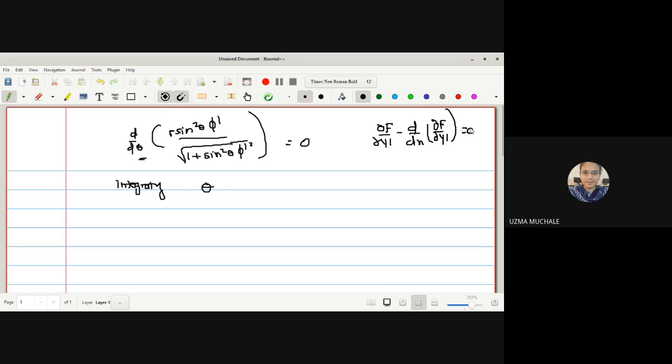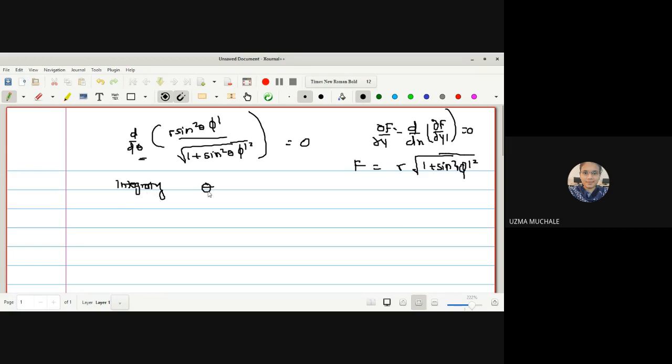So instead of that, I hope you remember the equation we have written. Instead of x it is theta, instead of y it is phi, and phi dash instead of y dash. F is as it is. Your f was, I have told you, f is nothing but r under root of 1 plus sine square theta phi dash square. Those who solved it will understand.